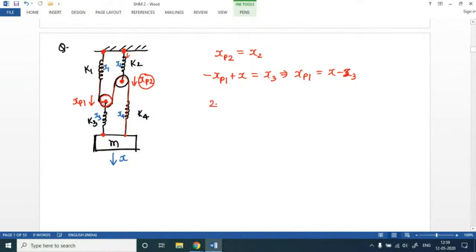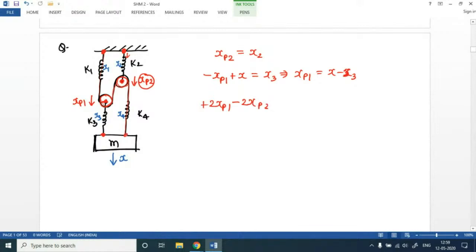So you can write plus 2xp1. And now let's move forward. We have encountered this pulley over here. When this pulley moves down by xp2, this will shorten the length of this spring by 2 times xp2. So minus 2xp2 you must write.